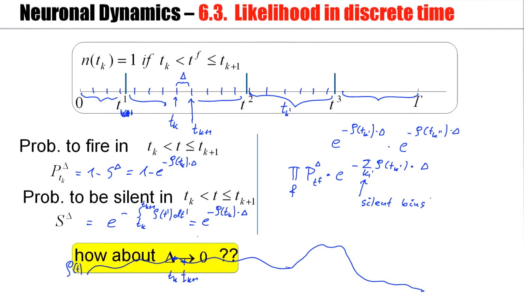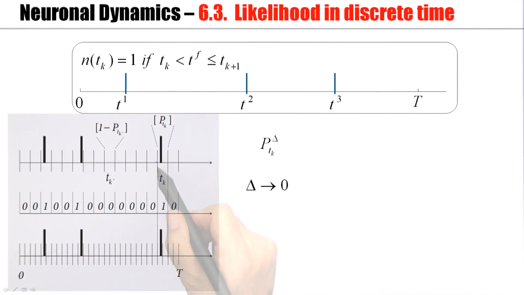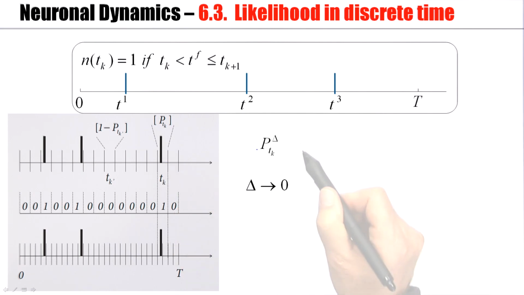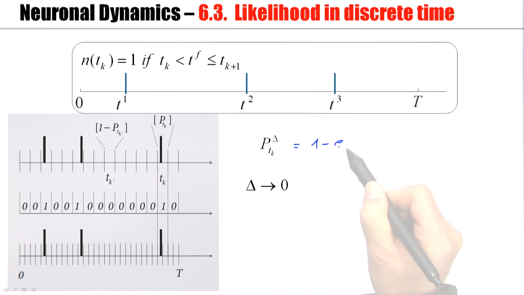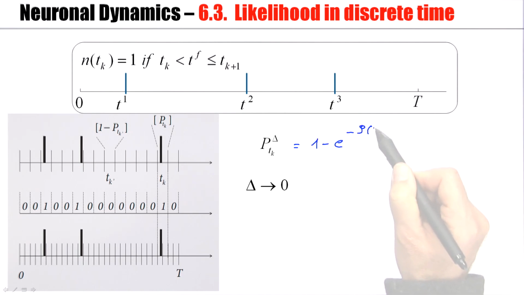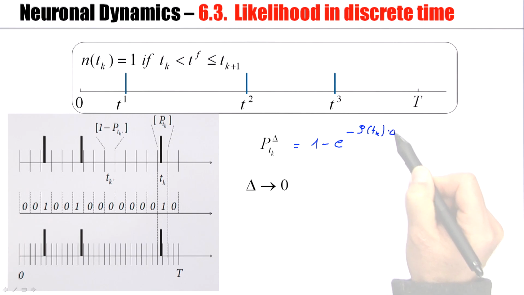Now let's ask the following question. What happens if I make this bin size delta smaller and smaller? So, for this bin size here, I said I have a certain probability, which is 1 minus e to the minus rho of tk times delta.